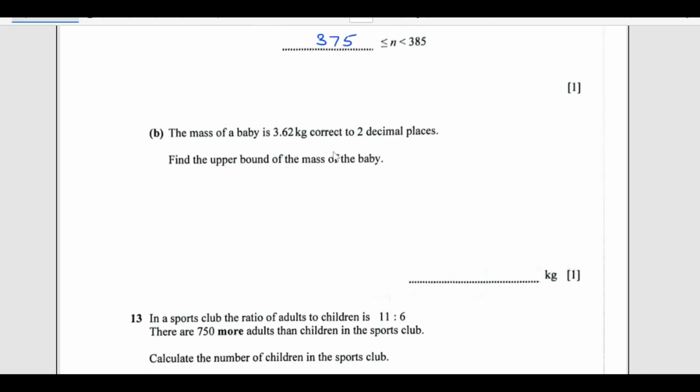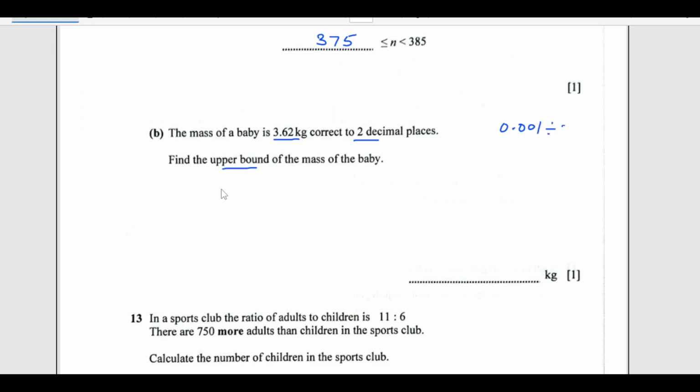Now part B. The mass of the baby is 3.62 kilograms to 2 decimal places. Find the upper bound of the mass of the baby. So we have kilogram. Actually, 2 decimal places is here 0.01, right?